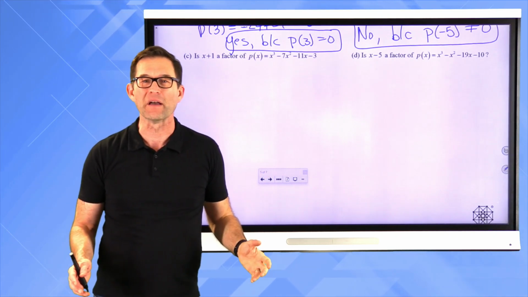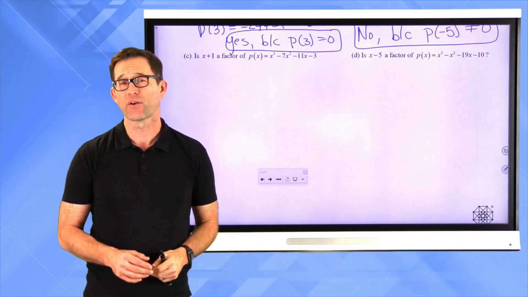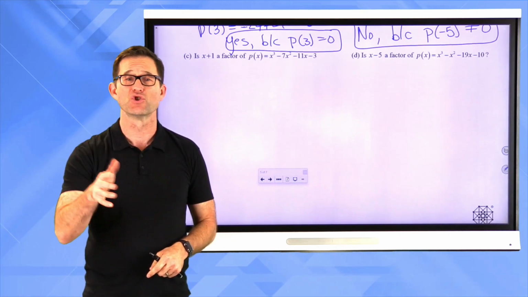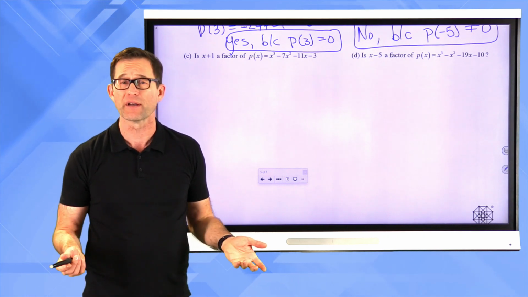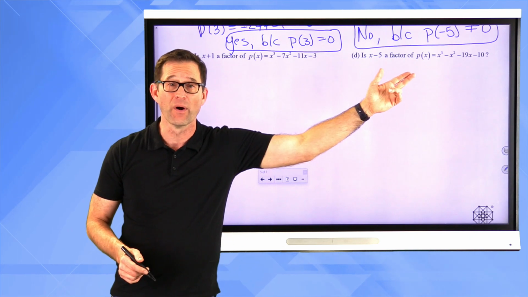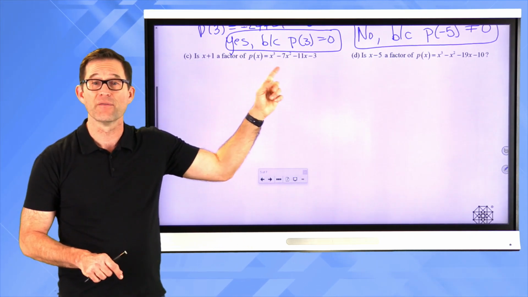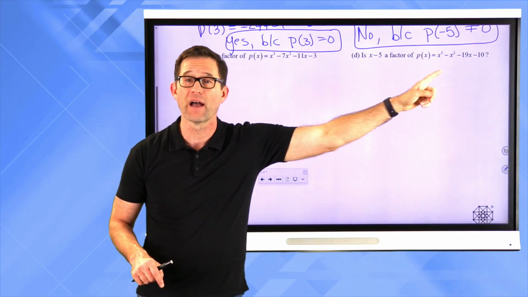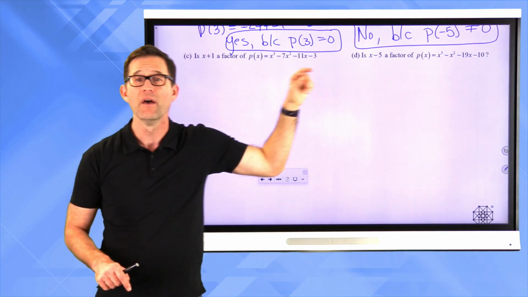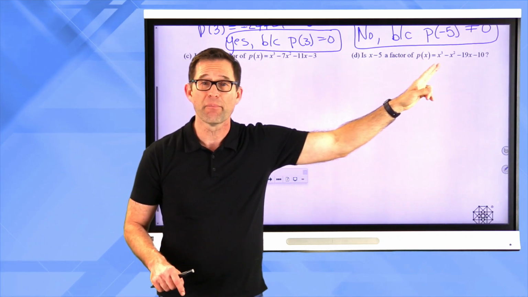Once we get to cubics, the only way you know how to factor cubics is by grouping, and quite frankly, grouping doesn't work for the majority of cubics, right? It just doesn't. It wouldn't work on this one, it wouldn't work on that one. And yet, we can still tell if x plus 1 is a factor of this cubic and x minus 5 is a factor of that cubic by evaluating this one at negative 1 and this one at positive 5.